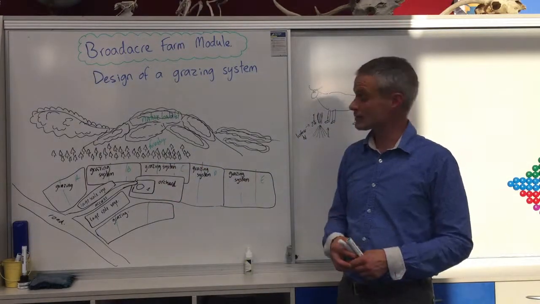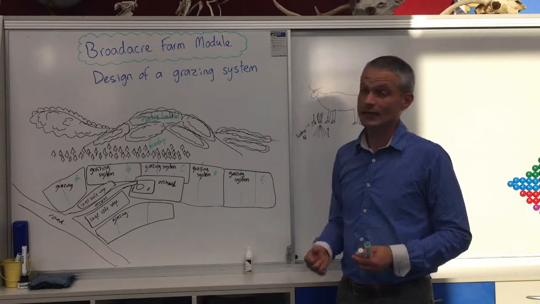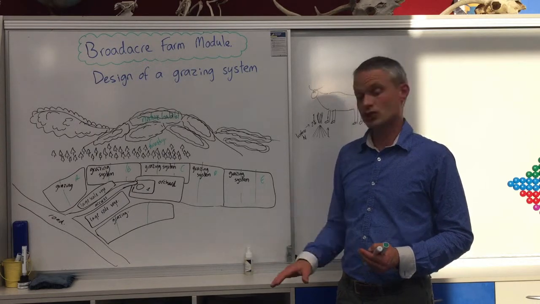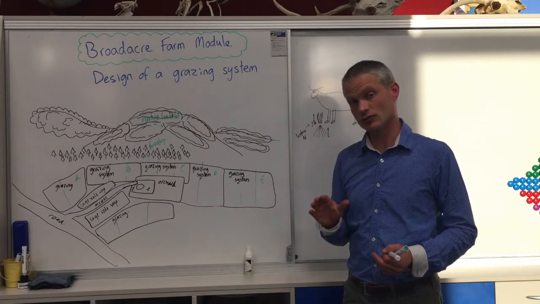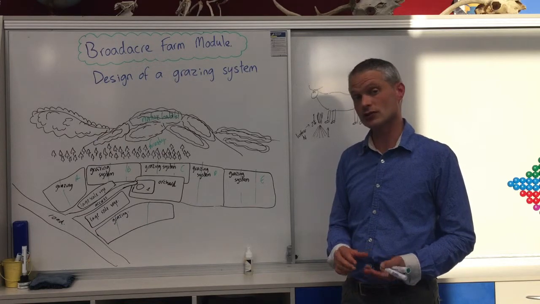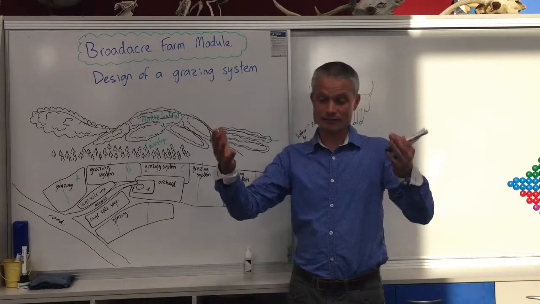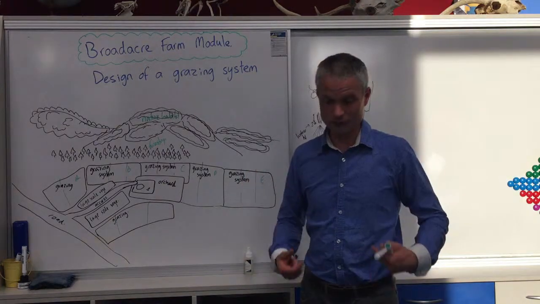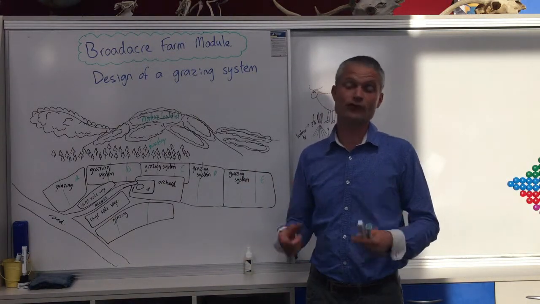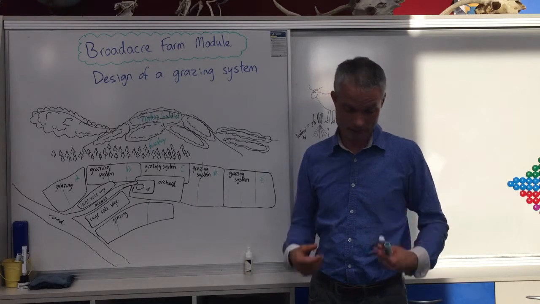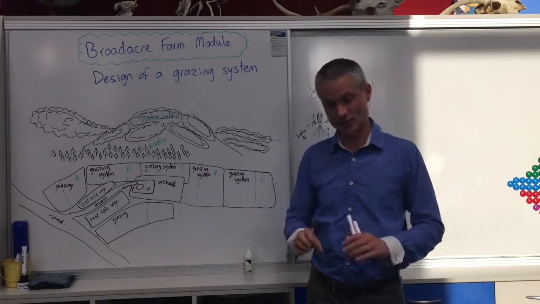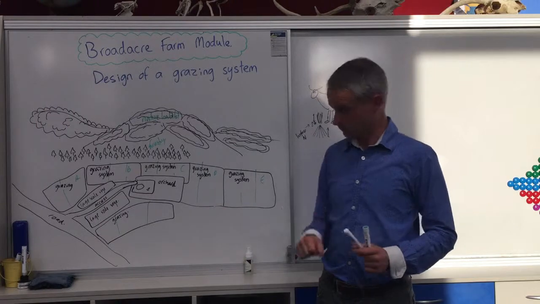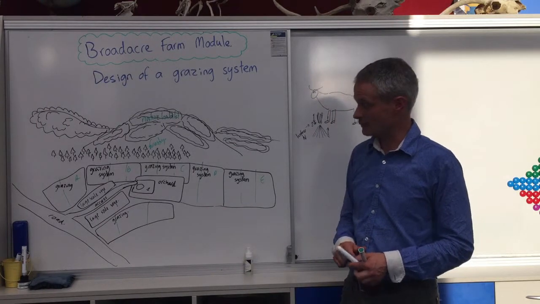But your aim anyway is to keep them there for a short duration so that they don't have too big an impact on the structure of the soil, and then to allow the plants to really regrow and have good opportunity to fulfill their role as far as building up height and adding nutrients to the soil before you bring the grazers back into that system again.